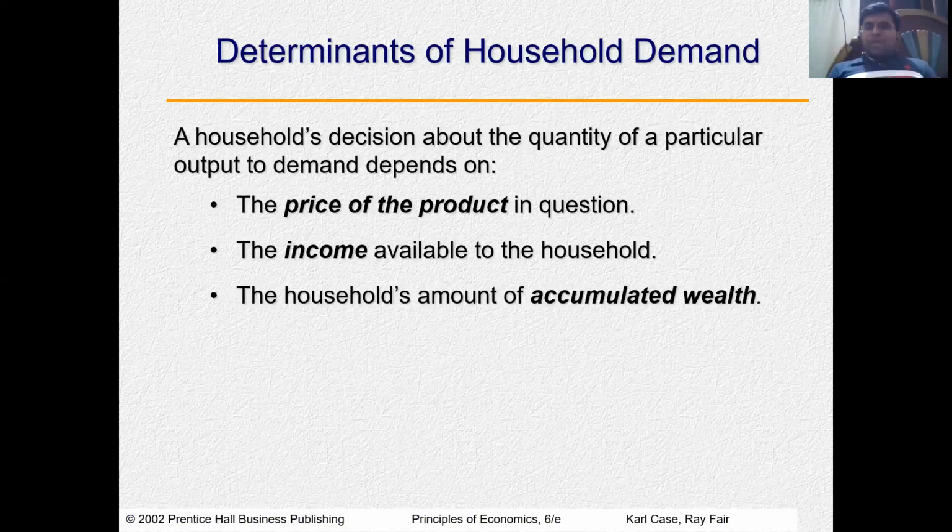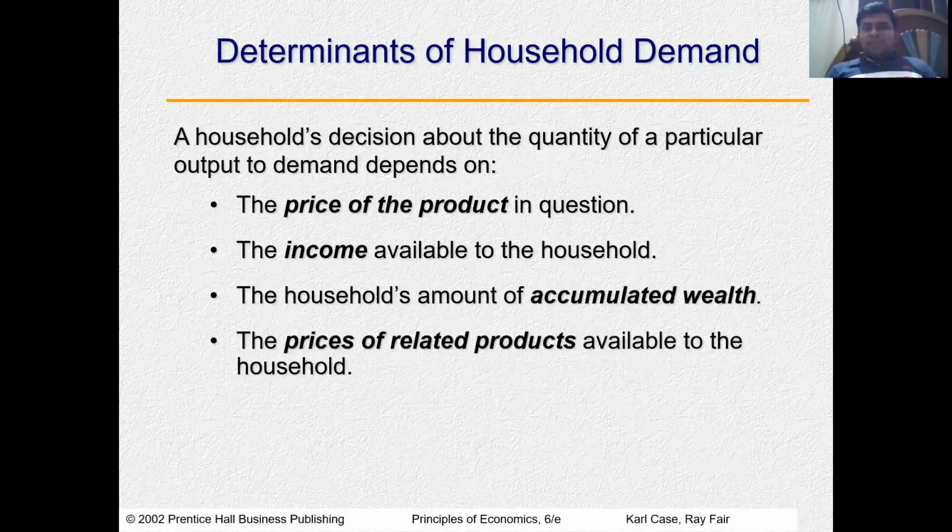Number three is total wealth. If there is an increase in total wealth of a household or individual, it will bring a direct change in household demand. Number four is price of related products. Any change in price of related products would also bring change in household demand, but in the opposite direction.